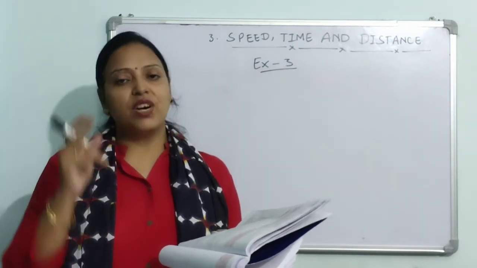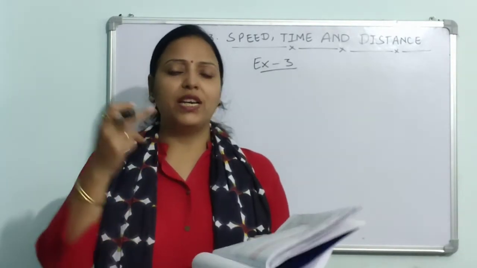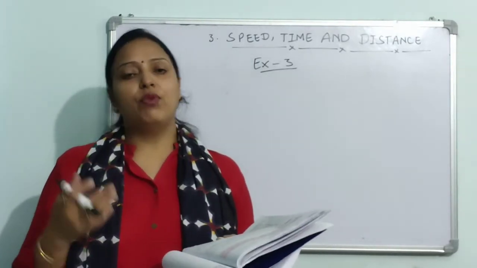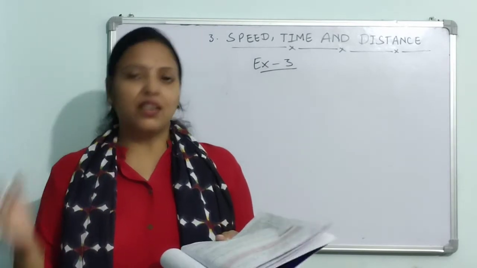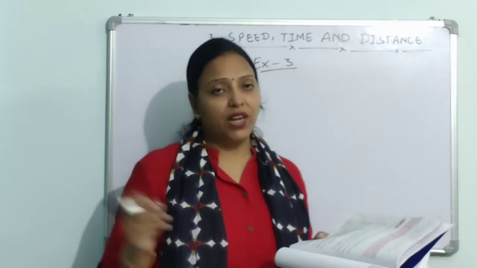So what is the first speed and what is the second speed? We will calculate speed 1 and speed 2, and then we will find the difference. What is the increase in the speed? Okay, so first we will calculate speed 1 and then we will calculate speed 2.